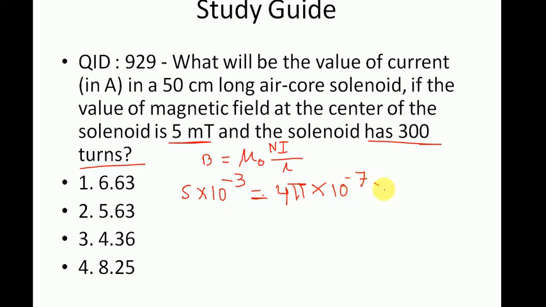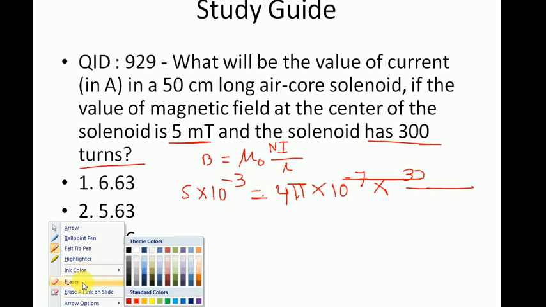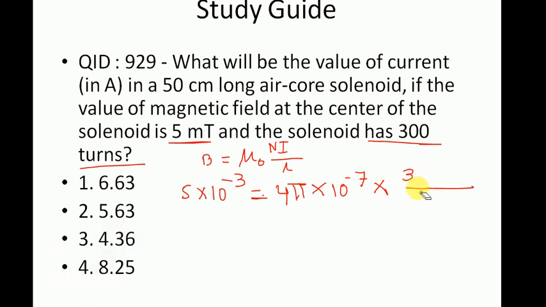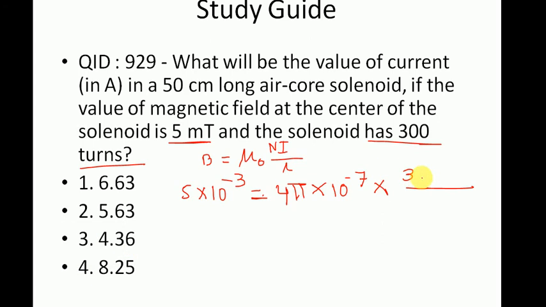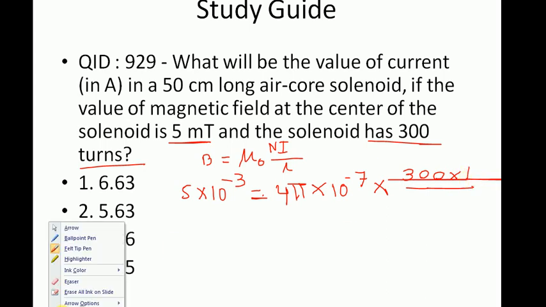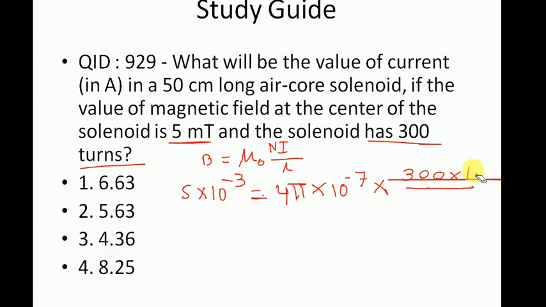Okay, now what is the N? N is the number of turns. It is already given, 300. I means current, and it is not given, so we have to find the I.